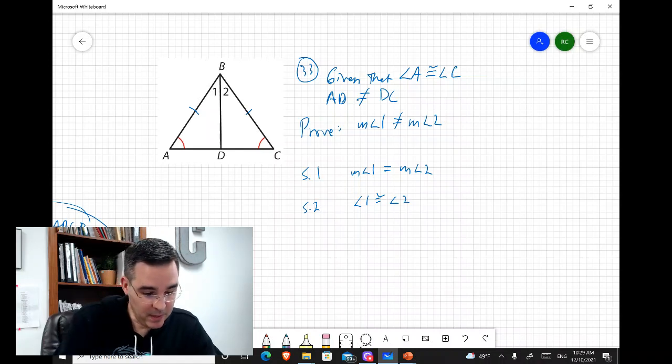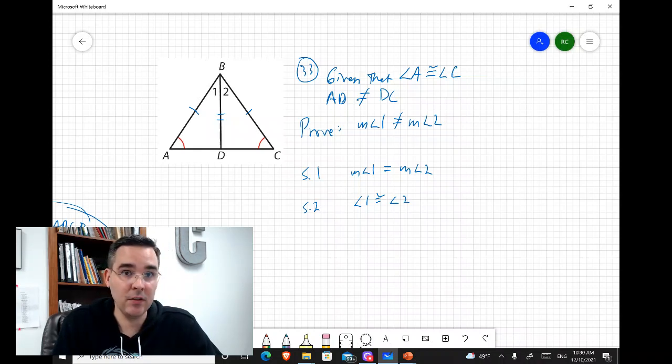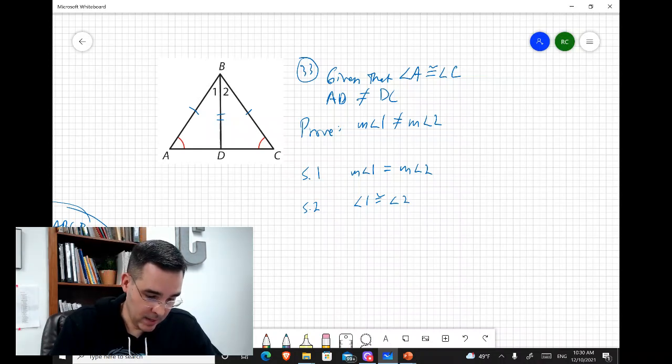I can say that BD is congruent to BD because of the reflexive property. So to make these statements, angle 1 is congruent to angle 2. That's our assumption. This shows how important correct assumptions are.